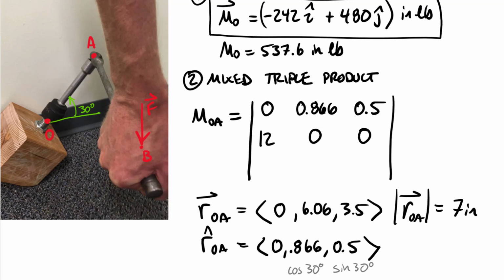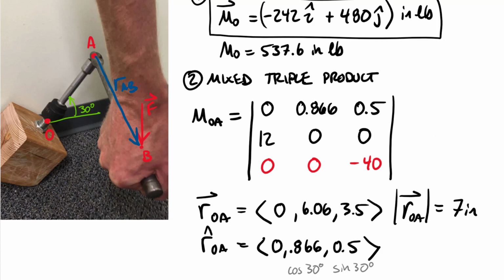Essentially what I just drew here is a position vector from A to B, so this is R AB. And then the force vector is the last piece, and that gives me 0, 0, and negative 40. Thankfully, a bunch of zeros in this computation.